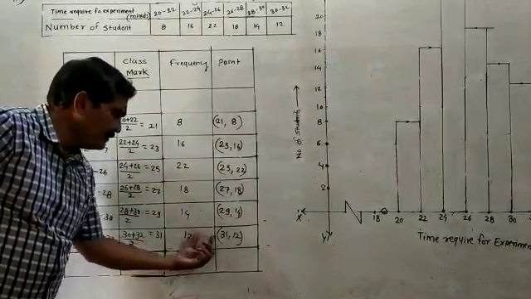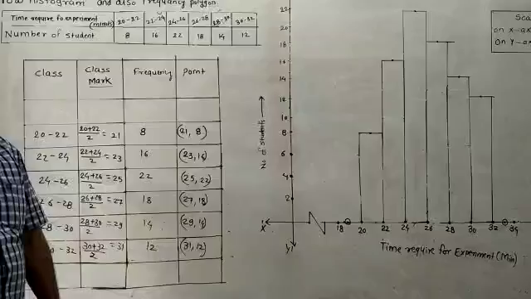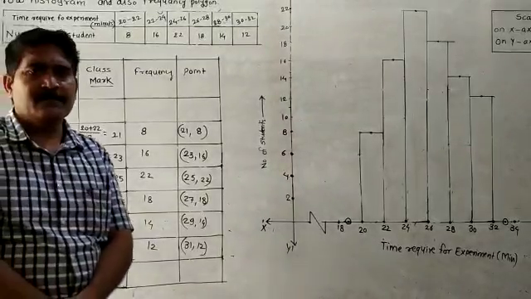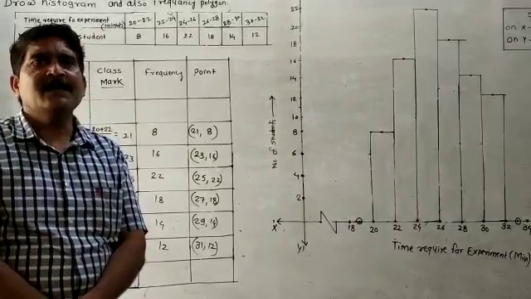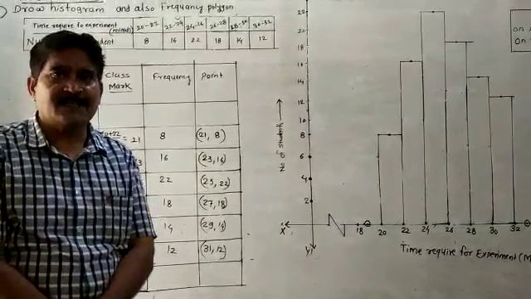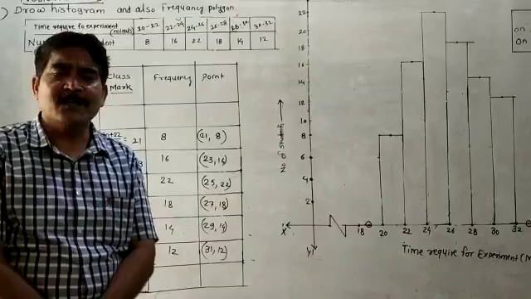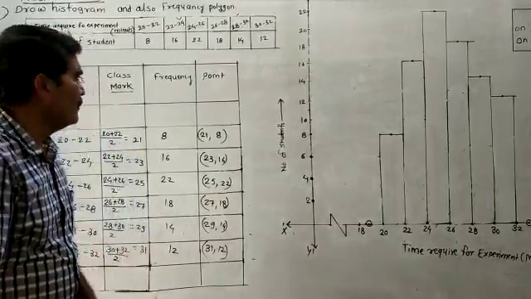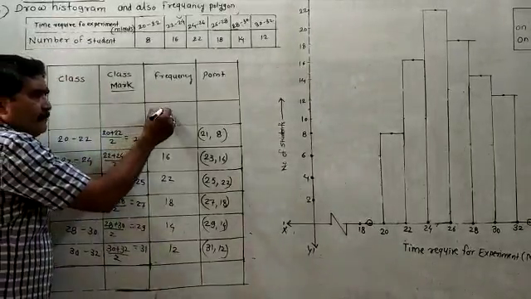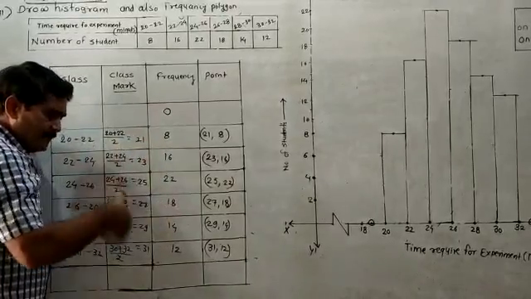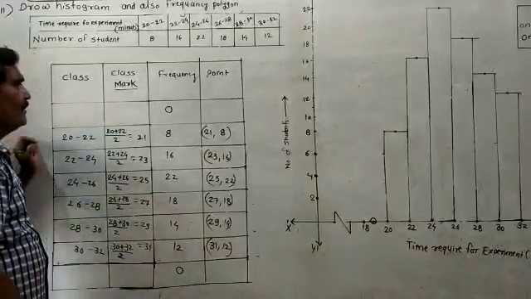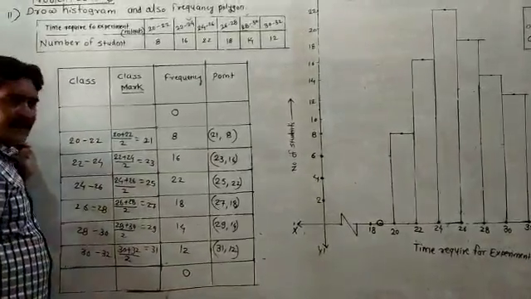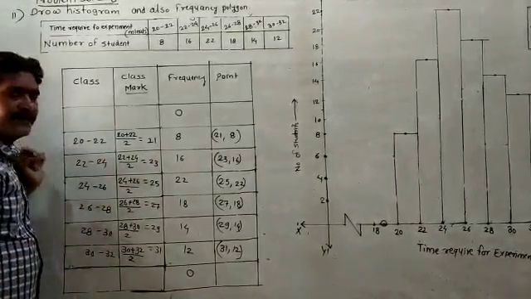But while drawing the histogram, you have to write the class preceding the first class and the class succeeding the last class. The frequency of both the classes you have to consider as 0. So the frequency of that class is 0, and you have to write the class preceding this 20 to 22.